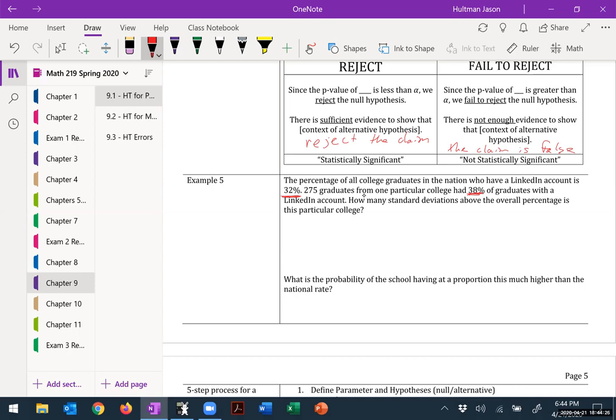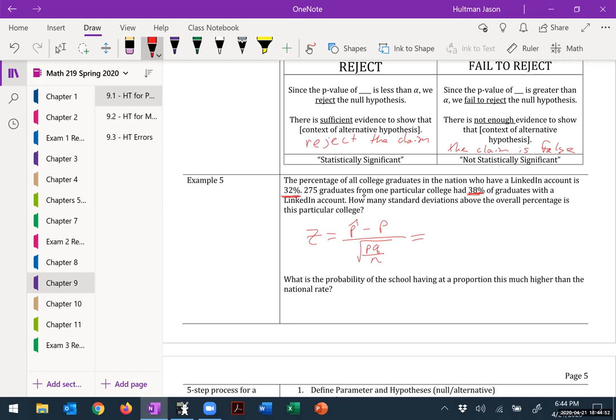How many standard deviations above the overall percentage is this particular college? So that's a z-score. I want p hat minus p all over the square root of p q over n.